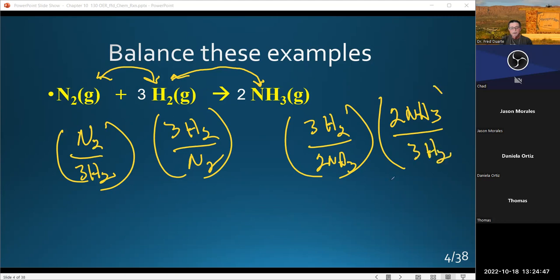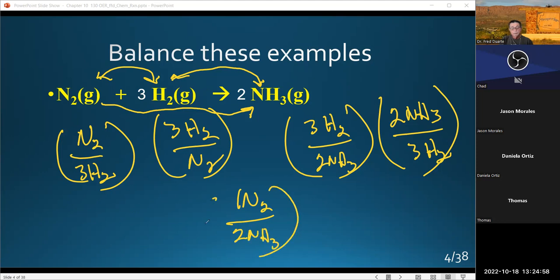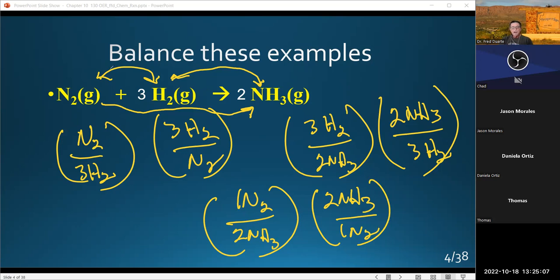Okay. And then the other relationship is nitrogen with the ammonia. So I got 1 nitrogen over 2 ammonia, or invert that. Okay. And so I have 2 reactants and the product. And from that, I have a total of 6 ratios that I can utilize depending on the type of question I would be asked to do any calculations, you know.